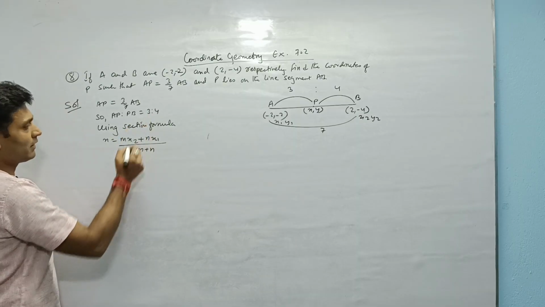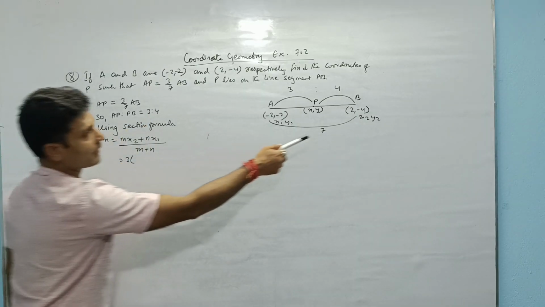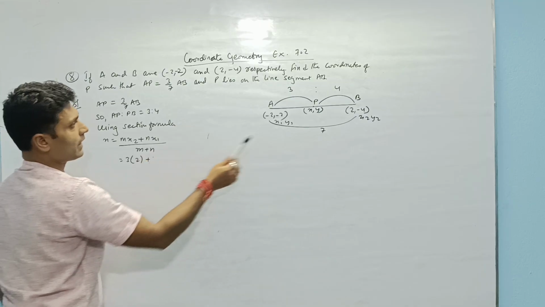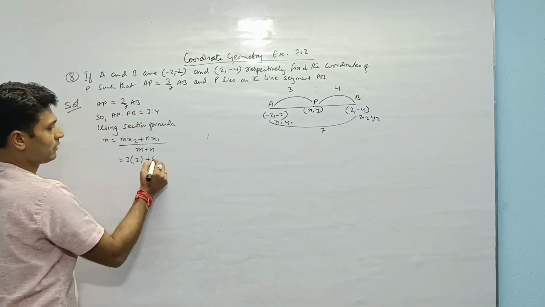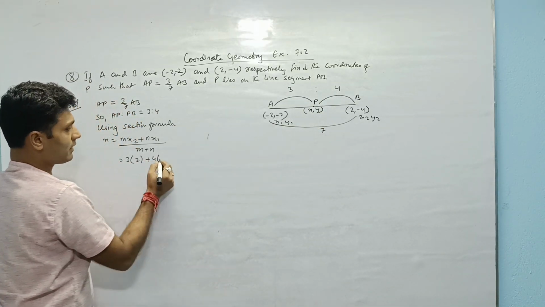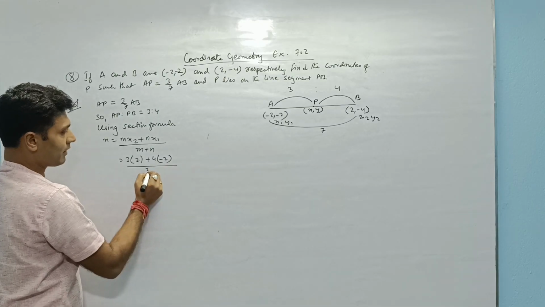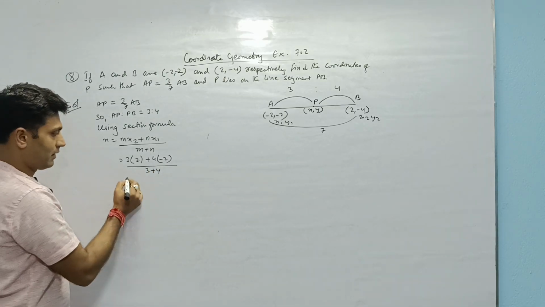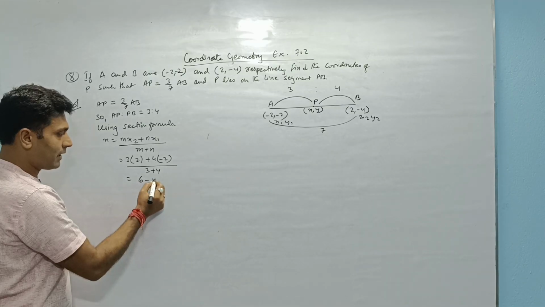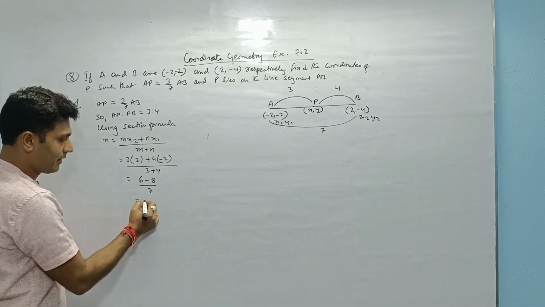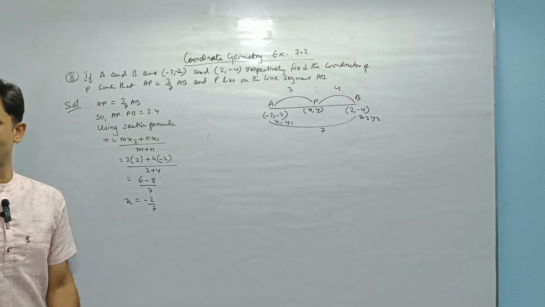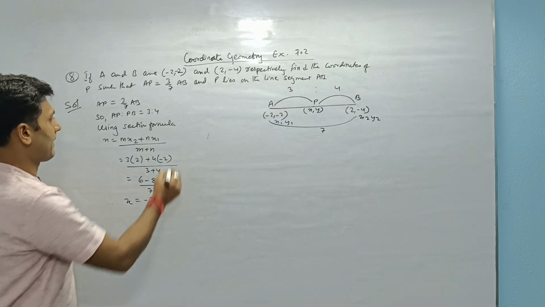So m is what? 3. x2 is 2, n is 4 and x1 is minus 2, divided by 3 plus 4. Correct? So this becomes (6 minus 8) by 7, minus 2 by 7. We got x is minus 2 by 7.